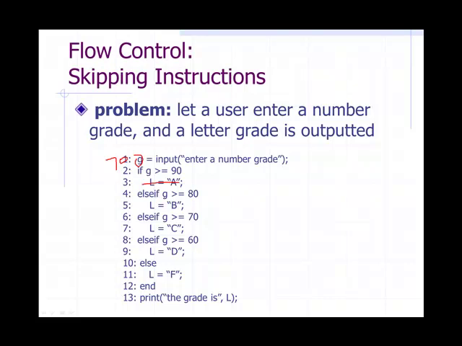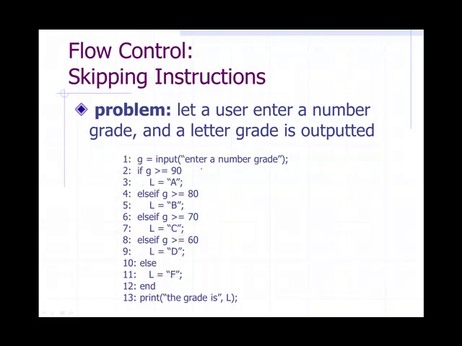Else if G is greater than or equal to 80, is that true? No, so it'll skip that instruction. Else if G is greater than or equal to 70, now that is true, so it will do this instruction. It'll say L is equal to "C". C is in quotation marks again, so L is going to take on the value of C. Now, because this was true, it's going to skip all of these instructions and go straight to the end and print the grade is 70.